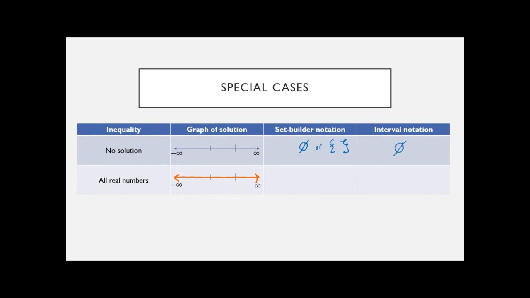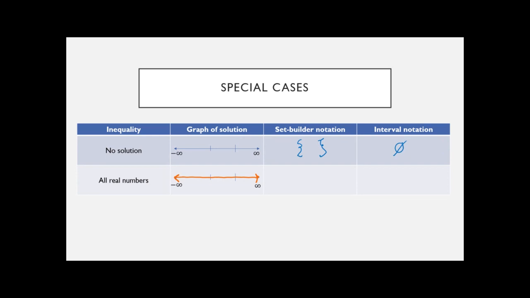And we don't really have an interval notation. We will basically use that empty set circle. So maybe actually what I should do, let's put the set-builder notation as just the empty braces. And then interval notation is basically a zero with a slash through it. And that means empty set means there's no answer, no solution. So our set of solutions is empty.